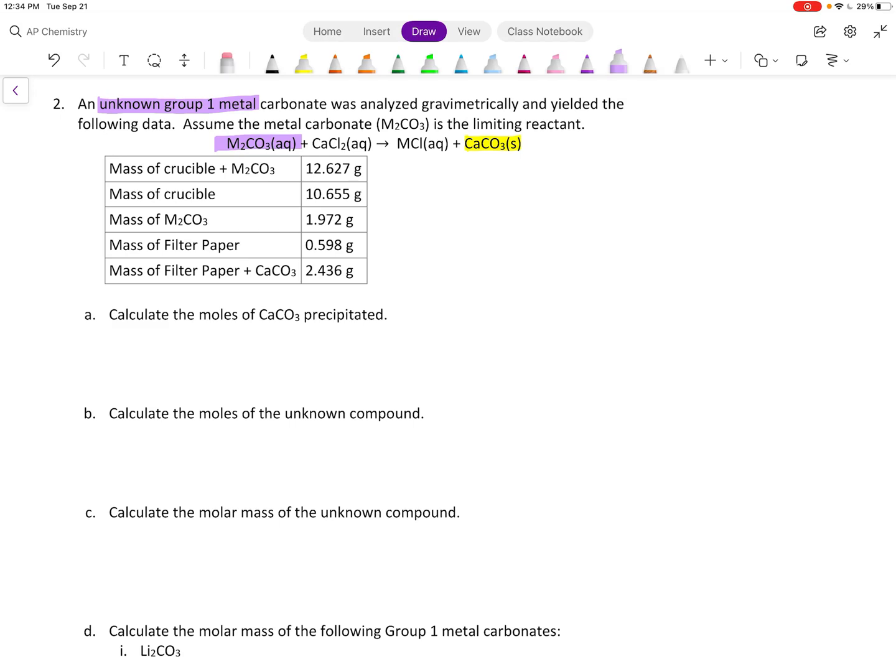The first thing I have to do is determine how much mass came from the calcium carbonate. We'll do that by comparing these two. The filter paper, we want to subtract that part out of the total mass here.